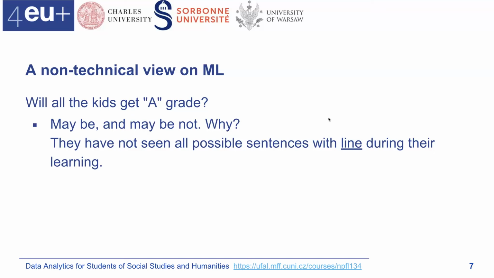So that's the reason why the kids could not be 100% successful. Because in the dictionary, there is only a sample of all possible sentences, or all the sentences with the word line that are on the internet. It is just a sample.